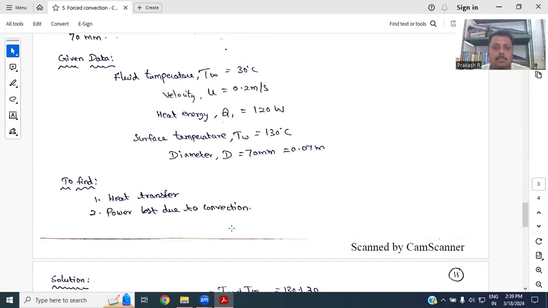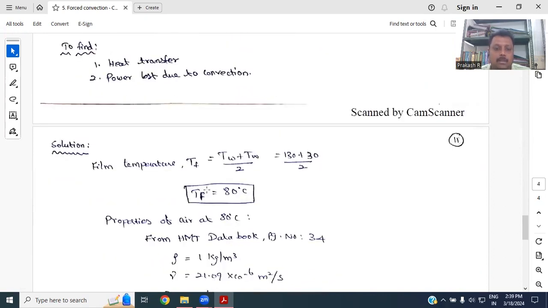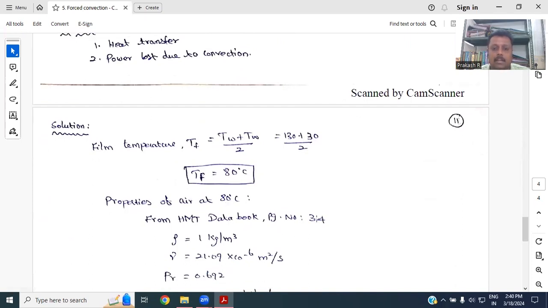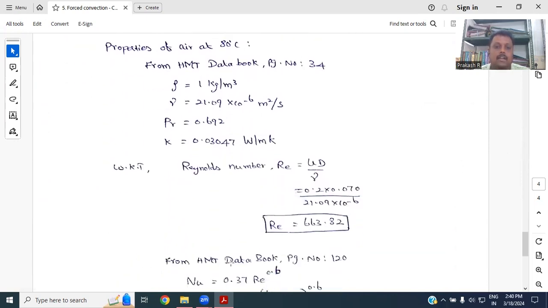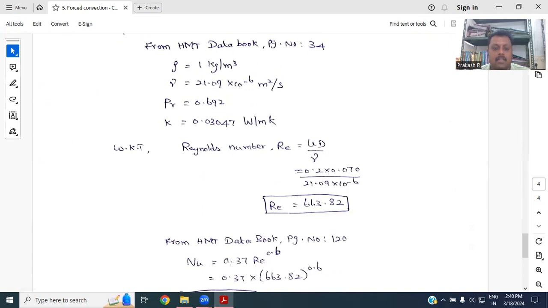First, whatever it may be, we need to find the film temperature. TF is equal to TW plus T infinity divided by 2. 130 plus 30 is 160, divided by 2, therefore 80. So from the properties of air at 80 degrees Celsius, from the HMT data book on page number 34, we need to note down the parameters: density, kinematic viscosity, Prandtl number and thermal conductivity.